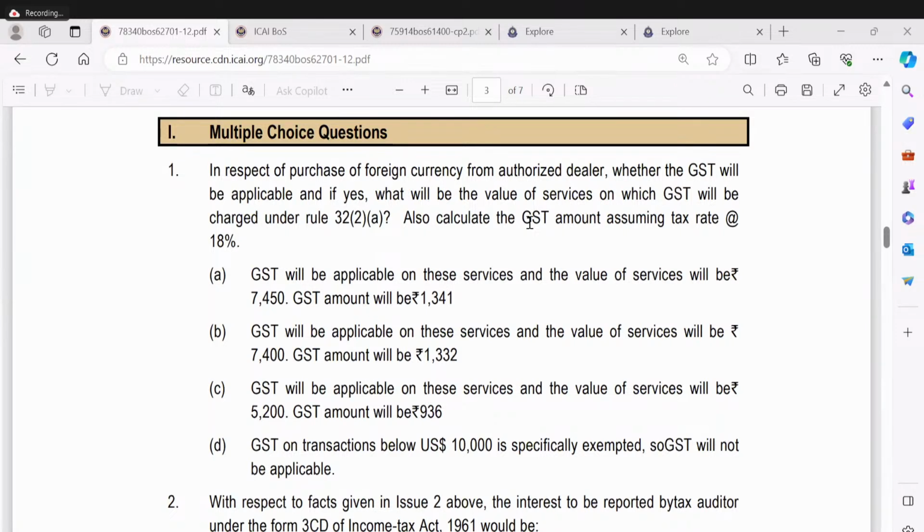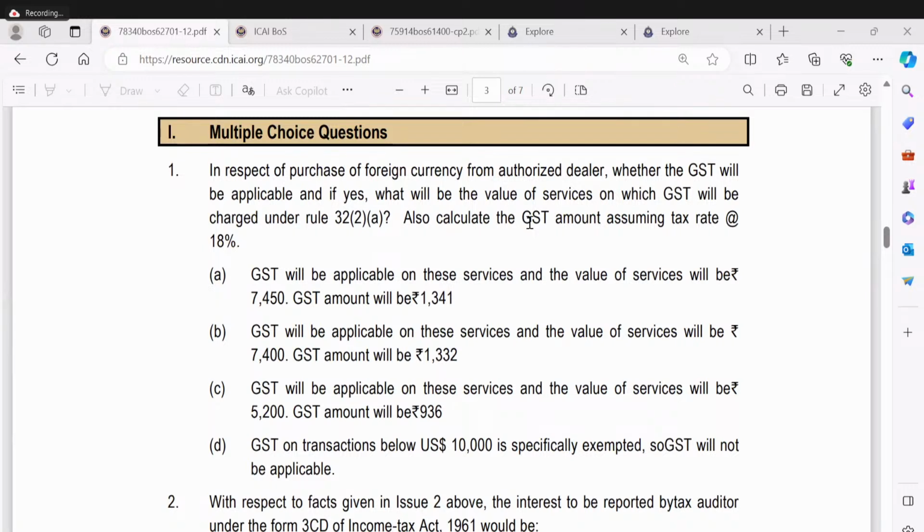Similarly, from services also, money has been excluded. Now, what does it mean? It means that since we said that supply should be supply of goods or supply of services for the purpose of leviability of GST, since money is excluded from goods and excluded from services, that means if there is any transaction in money, GST cannot be levied on it because it will not be considered as supply.